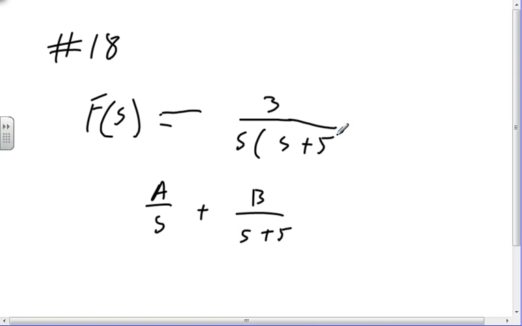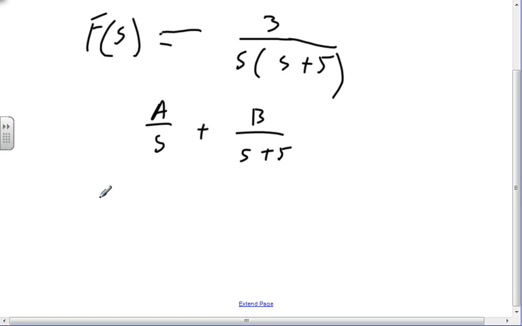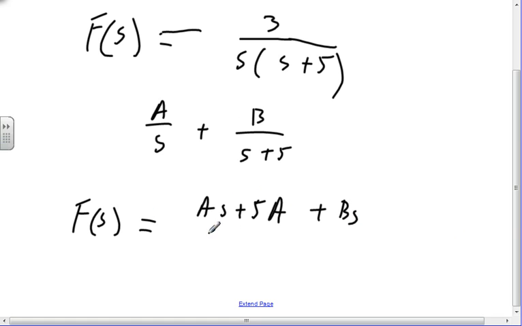I'm going to unpartial my fraction and get f of s is as plus 5a plus bs over s plus 5.